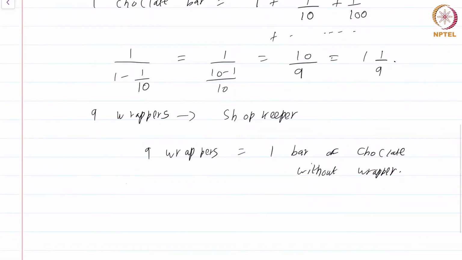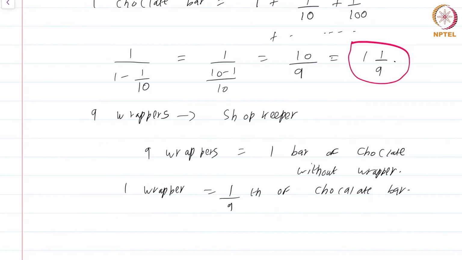So 1 wrapper is 1/9 of a chocolate bar. And we immediately get that 1 chocolate bar along with the wrapper is actually worth 1 by 9 more, which is what we got by summing up the geometric series.